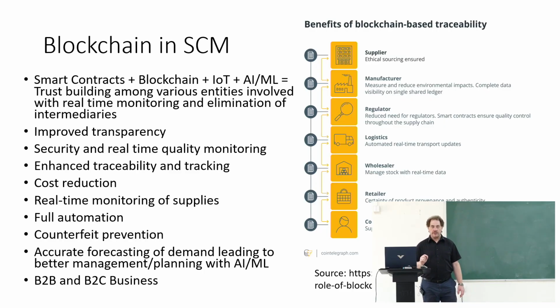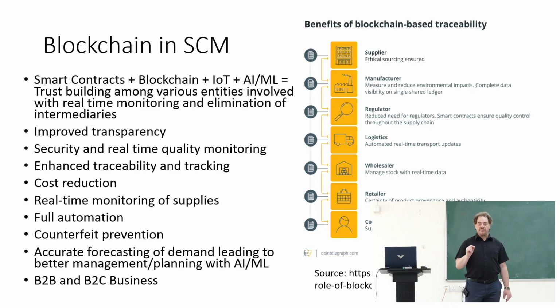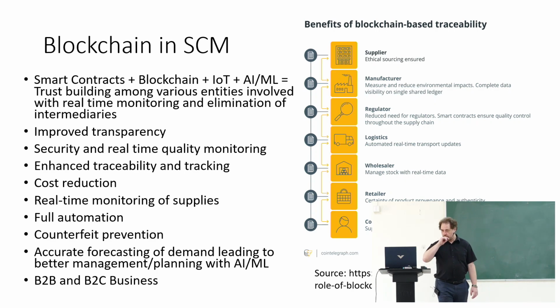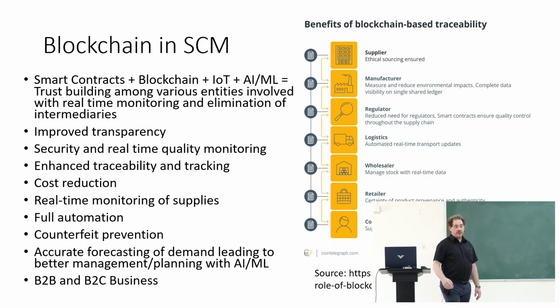How to make sure that the information is correct? How do you make sure that the sensor is not malfunctioning? How do you make sure that the sensor is not being tampered with deliberately? So there is technology for preventing tampering with the sensors. So that's the role of IoT, and of course the use of tags.